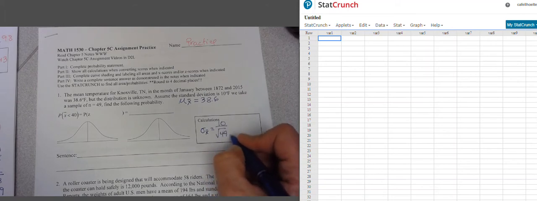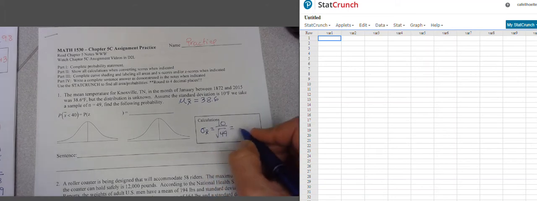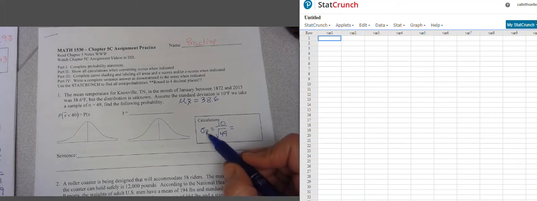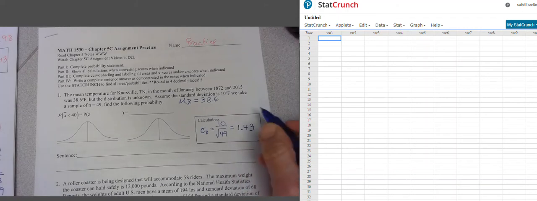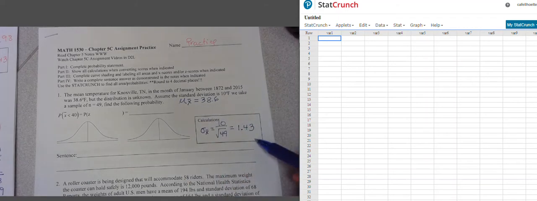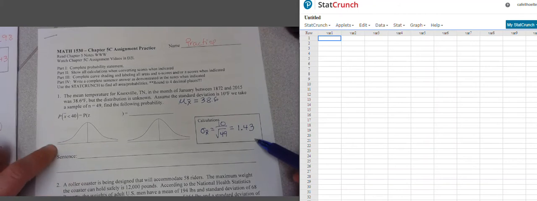That's our sample size. When we do that, that gives us the standard deviation of our sample means, which if you do that math, dividing that out, is 1.43. So now we have some information to work with when finding these probabilities. Okay, so we have a mean and a standard deviation.